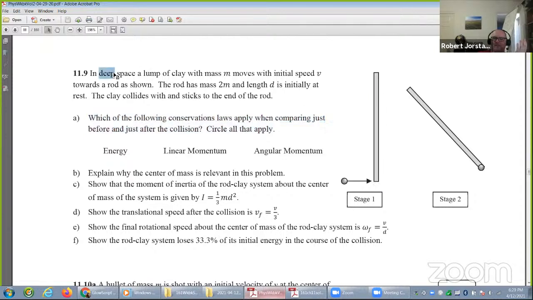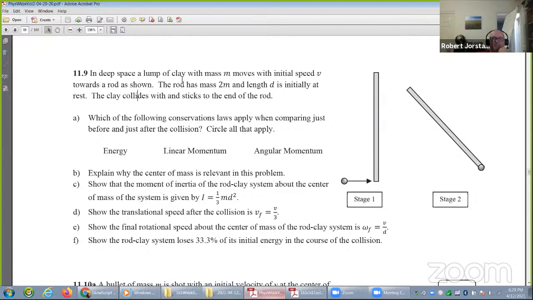However, if we put this thing in deep space, we don't have to worry about external forces. Agreed? So the reason physicists will do these problems in deep space is so that you can simplify the math and make a problem that is physically approachable. They do relate to real world problems too.